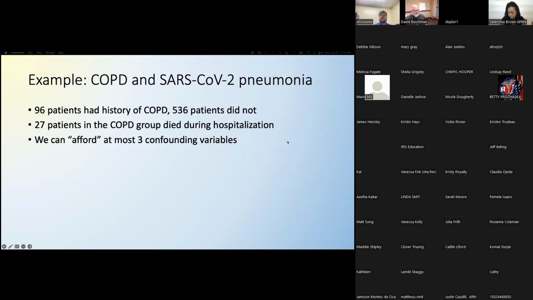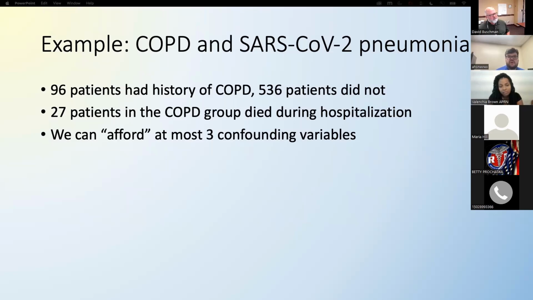If we're using in-hospital mortality as our main outcome, which is what we did in that study, then we can afford at most 3 confounding variables, rounding up for the 10-to-1 rule of thumb, because our smallest group had 96 patients and we had about 30 events in that smallest group.